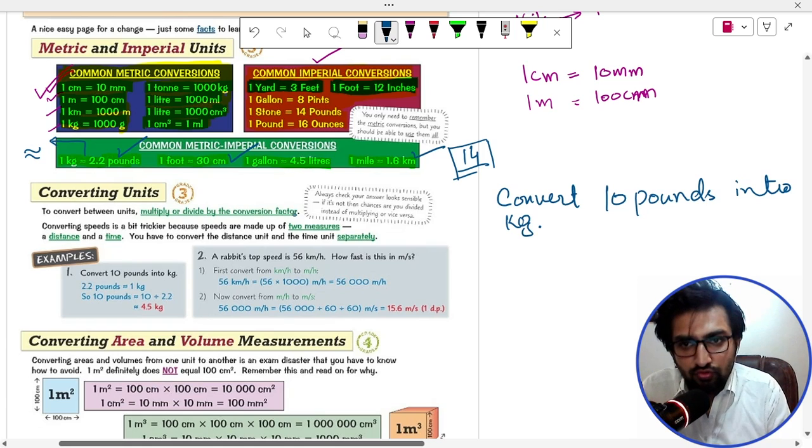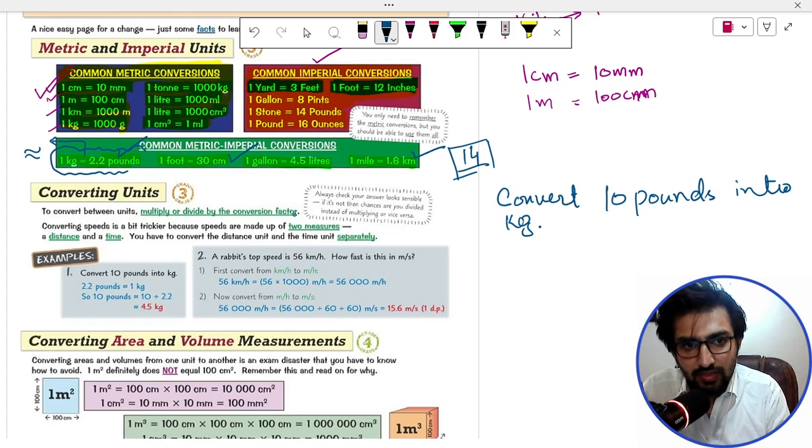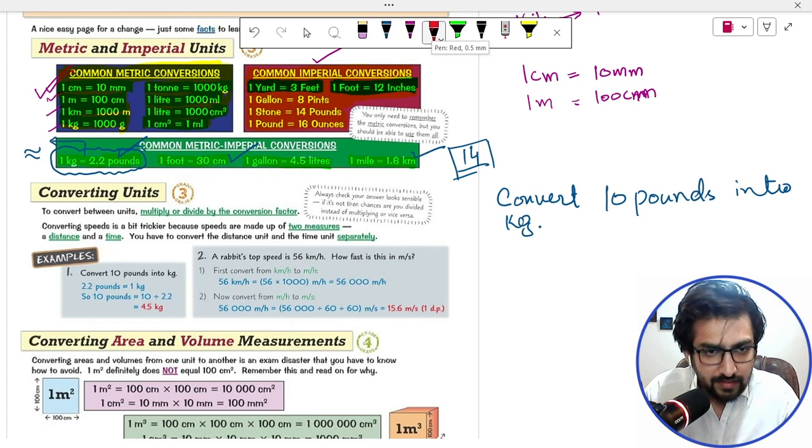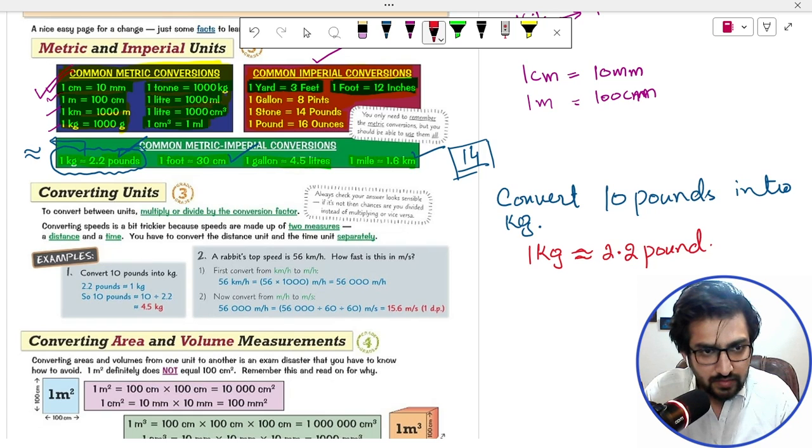By the way, you know that 1 kilogram is equal to 2.2 pounds. You know this conversion, right? This is the basic conversion unit. 1 kilogram is almost equal to 2.2 pounds. You know 1 kilogram, but what about 10 pounds? How many kilograms will 10 pounds be equal to?